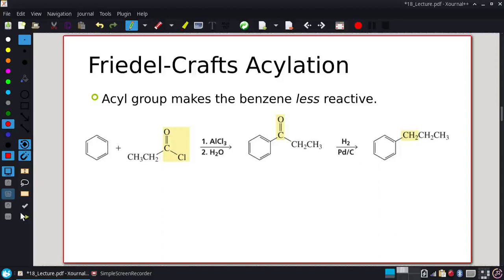Instead of using just a standard R group, we're going to use a carbonyl, put it on without any rearrangements, and then remove the carbonyl. So if I put in, well, this isn't a butyl group, it's a propyl group, but if I put propyl with that chlorine on there, I'm going to get the carbonyl and then the two hydrogens. And then I can use hydrogen with the poisoned palladium to remove that oxygen.